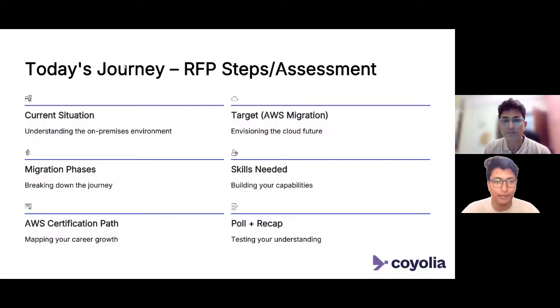Your image is frozen. I don't know. Hello. Yeah, my internet is lagging. Maybe can you share your screen? My internet is lagging a bit. I'll fix it within a minute. Yeah, I've shared the PPT with you.